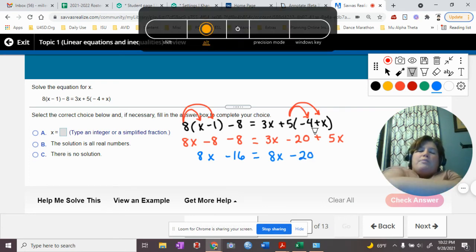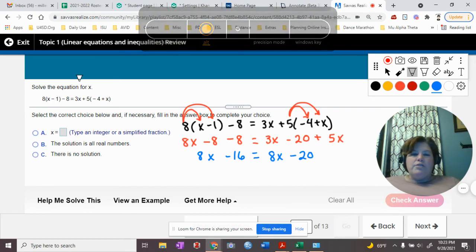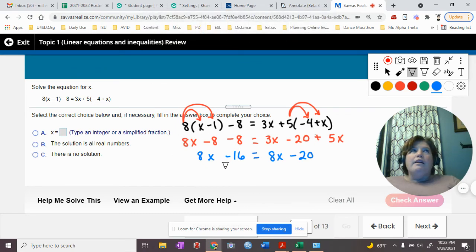Okay, so we distributed, and we combined like terms, which we did, and now we are going to get our x's on the same side. So I have an 8x on the right that I am going to move to the left.